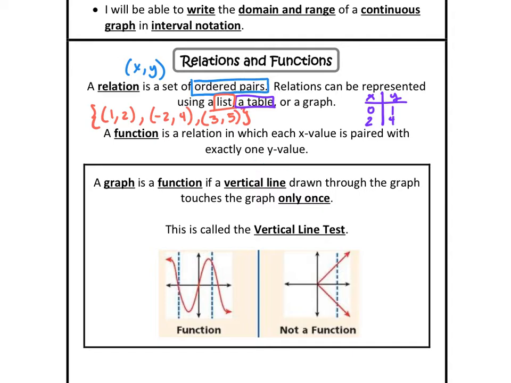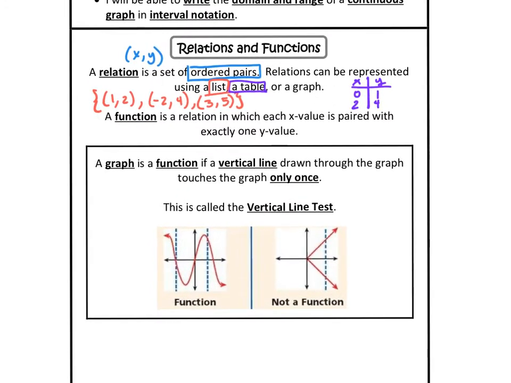So there's always kind of a partnership, that if I have a list of ordered pairs, or a table of ordered pairs, or a graph of ordered pairs, every x has a y. If every x value has a y value, then that relation is called a function.